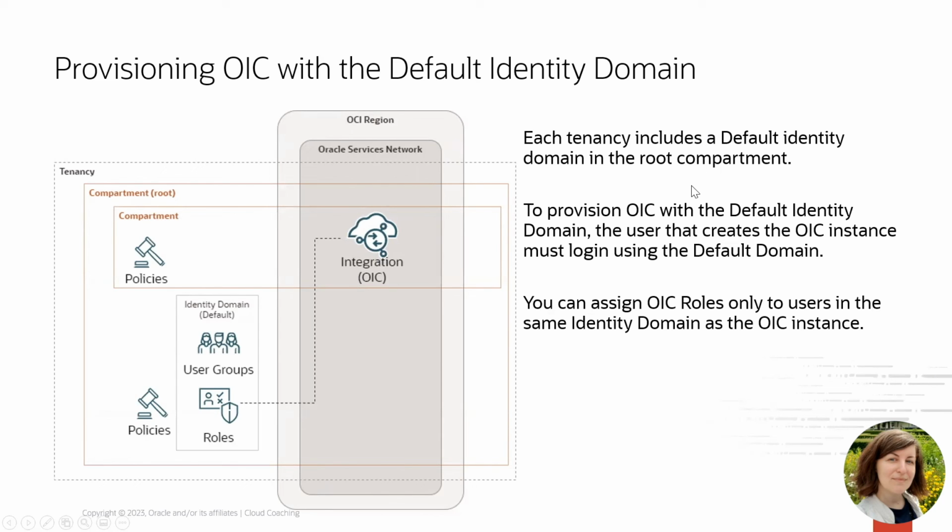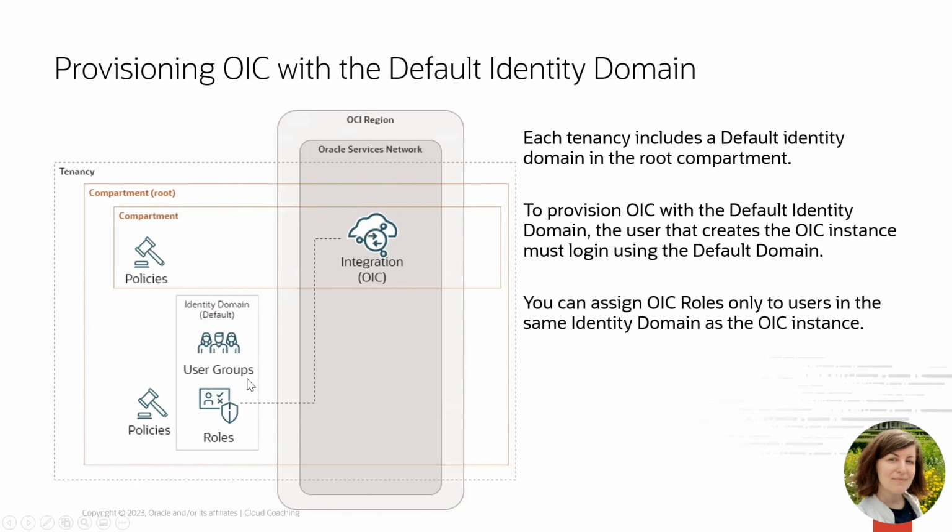To provision OIC with the default identity domain, the user that creates the OIC instance must log in using that default domain. In the previous demo, all the actions were done by using the default identity domain. Keep in mind that you can assign the OIC roles only to users in the same identity domain as the OIC instance itself.